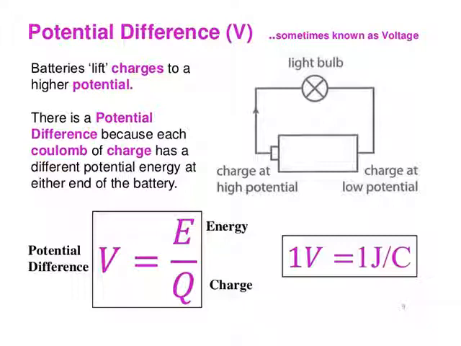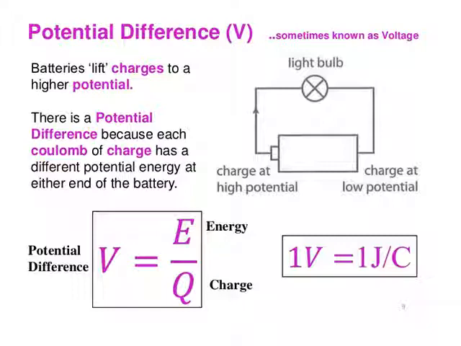There is a potential difference because each coulomb of charge has a different potential energy at either end of the battery. So the potential difference is denoted by the letter V, and it is also called voltage.